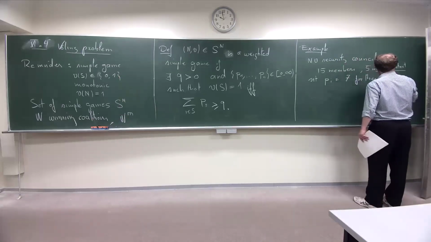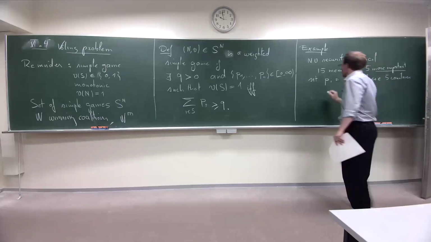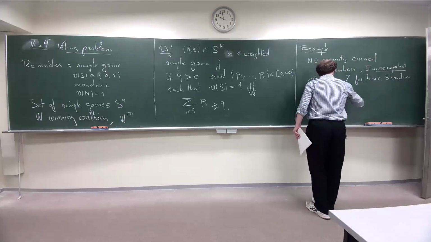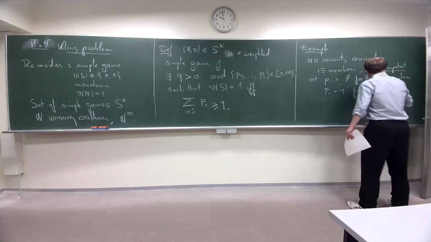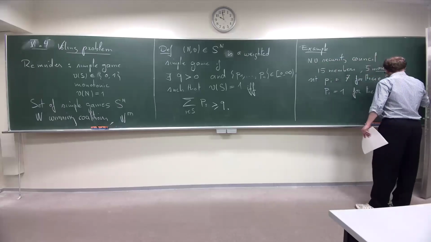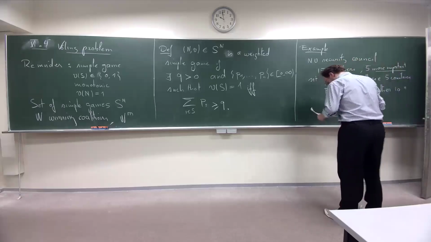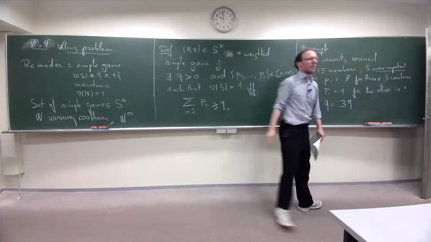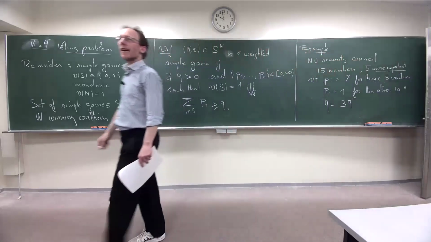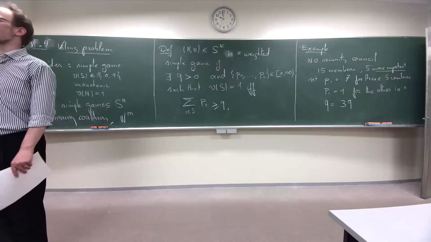You set p_i equal to 1 for the other 10 countries, and you fix Q equal to 39. And something is accepted if and only if the sum of these contributions is at least 39.